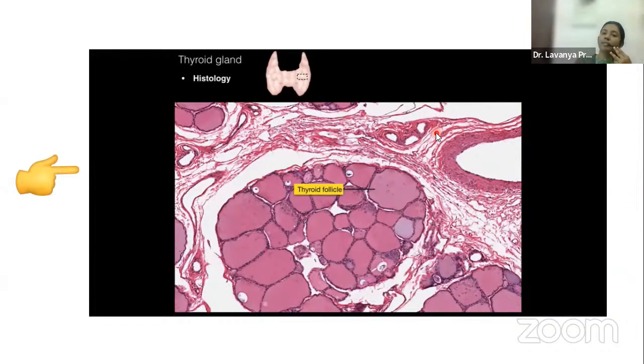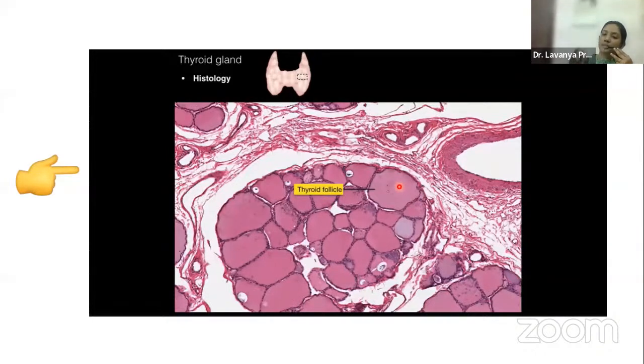You can see the simple cuboidal epithelium. When the cell is completely at rest, holding the entire colloid, the hormones that are secreted, we can see the flattened cellular layer, which is nothing but simple squamous epithelium.